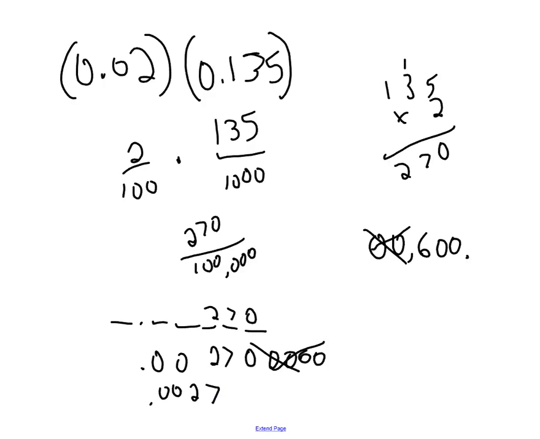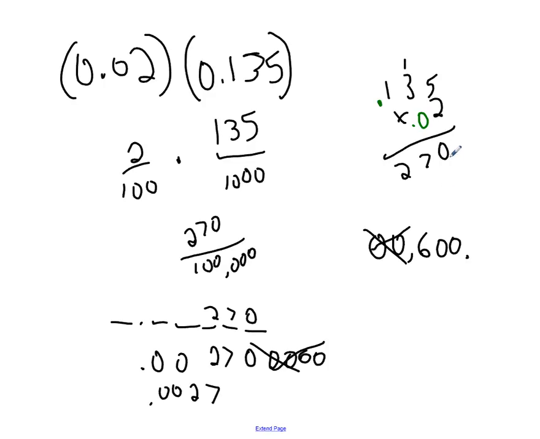If we go back to our traditional way of doing things, where we write the point here, I just count. I had 3 decimals here, that meant I had thousandths. I had 2 decimals here, that meant I had hundredths. So I have to show that this is 270 100,000ths.